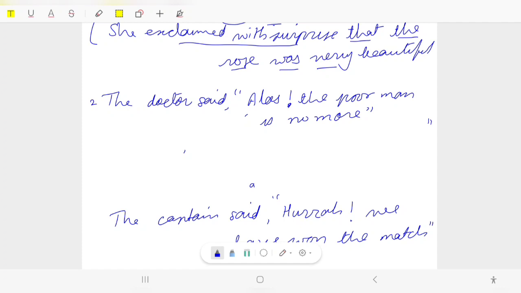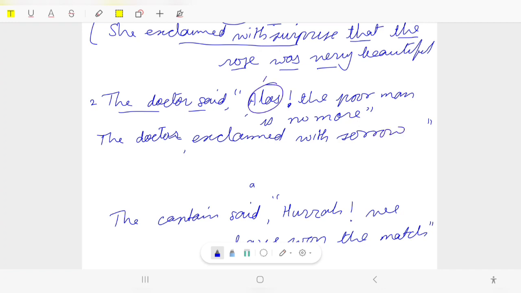Look at example number 2. The doctor said, "Alas, the poor man is no more." So how will we change? The doctor exclaimed with sorrow. Remove the word alas, and at the place of comma, inverted comma, that.